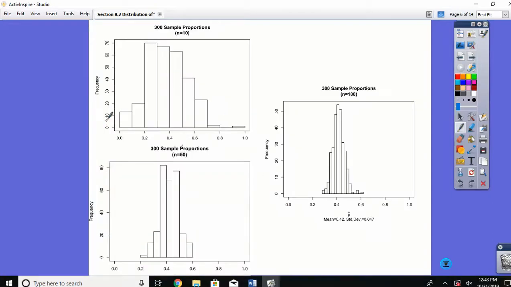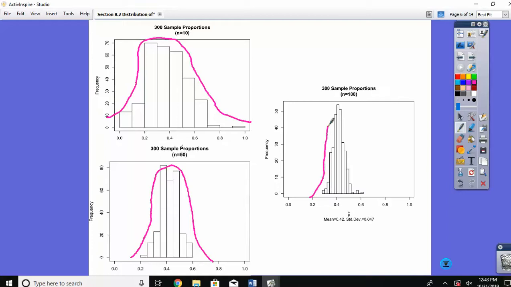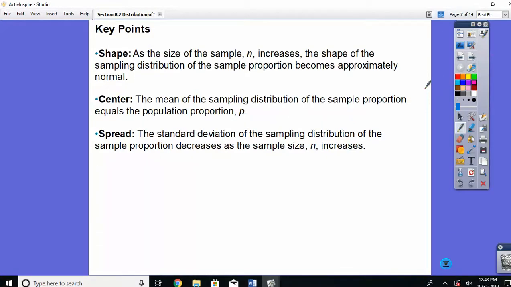This is when n is 10, and we see something like this. When n is 50, when n is 100, what are you noticing here? It gets better, more normal. Yeah. Haven't we already kind of seen that before? So this is still the case that higher n's look more and more normal.